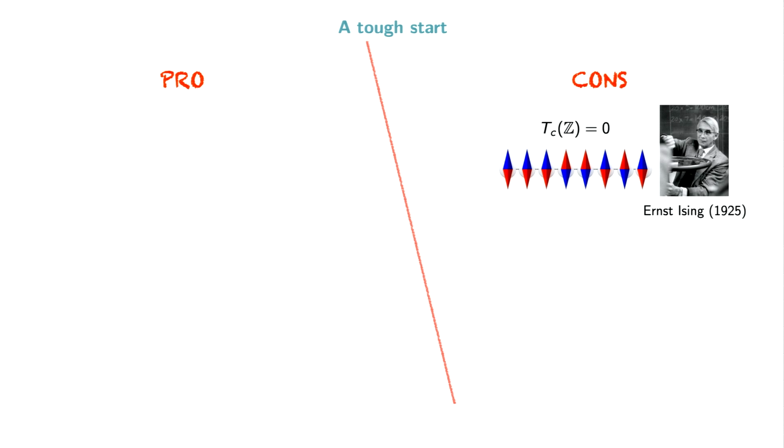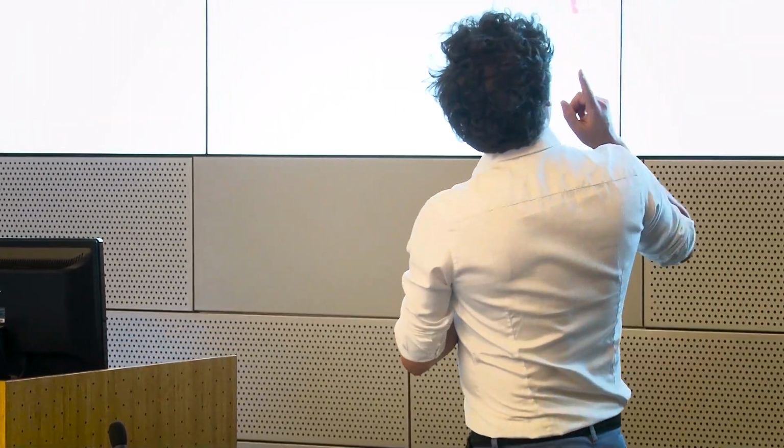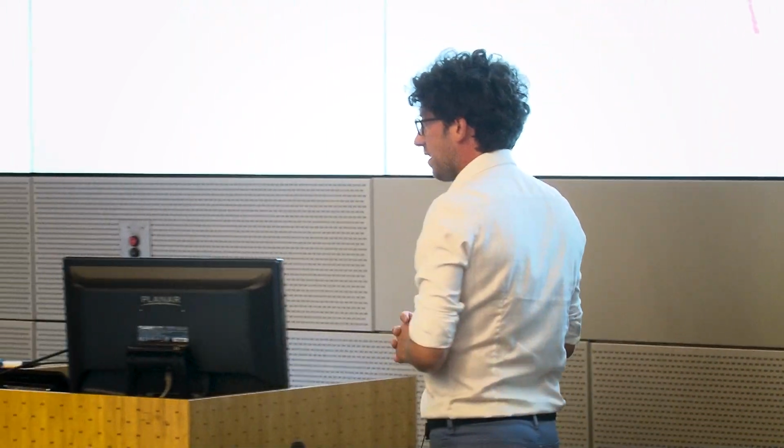So the Ising model is named after Ernst Ising, who was a PhD student of Lenz. He was not the person who introduced the model, at least that's what everybody says. I kind of agree with that, but let me be honest: the first time we see the Hamiltonian of the Ising model is in the paper of Ising, not in the work of Lenz that was a little bit prior to Ising.